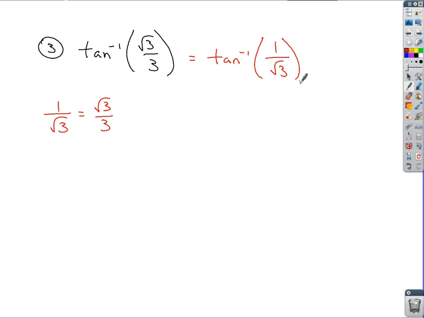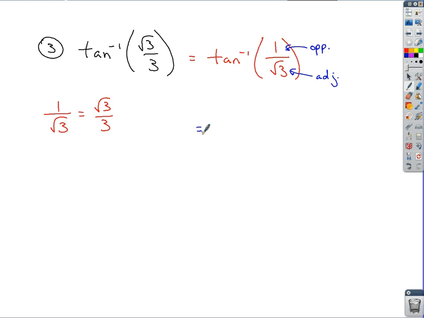Talking in terms of tangent, thinking of SOHCAHTOA, we're looking at opposite over adjacent here. We look at our two right triangles. We look to see where we might have an opposite side of 1 and an adjacent side of root 3.